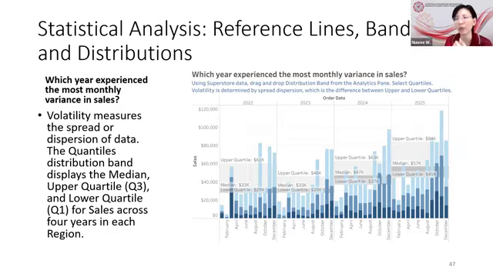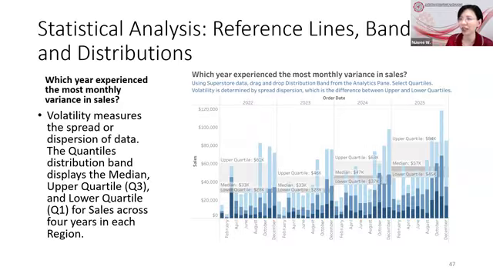We try to come up with which year experienced the most monthly variance in sales. If you have some question like this, about which one is the most variance, the most fluctuating, it is an indicator to tell us that we might need to take a look at the distribution of those numbers.